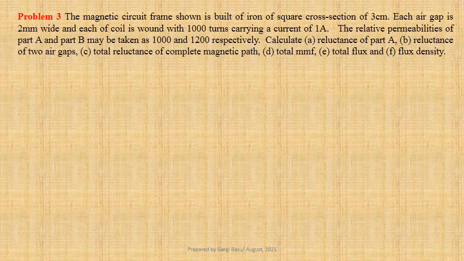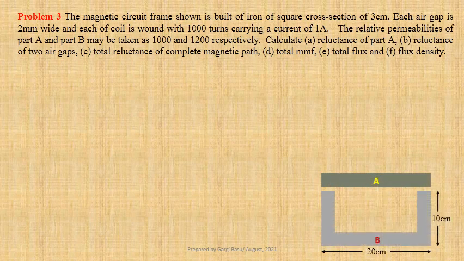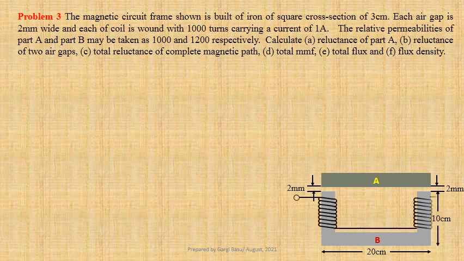The magnetic circuit frame shown is built of iron of square cross section of 3 centimeters. Each air gap is 2 millimeter wide and each of the coil is wound with 1000 turns carrying a current of 1 ampere.